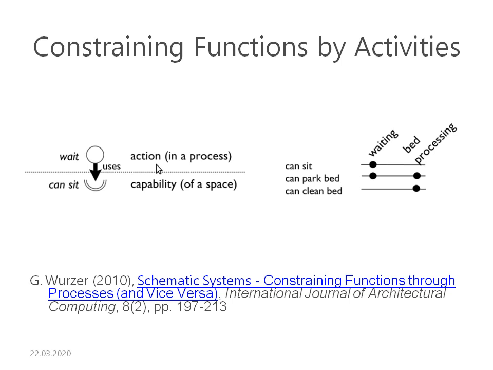Okay, there is some work on trying to overcome this carte blanche way of putting functions on a schema or just specifying functions just because. It is, of course, the link between processes, which I call action, and functions, which I call capability of a space, that constrains both.